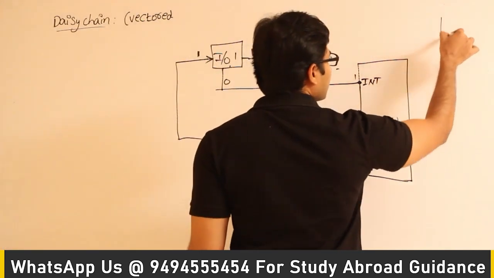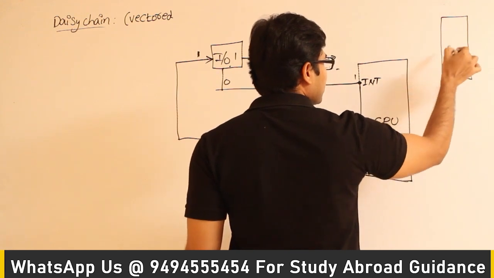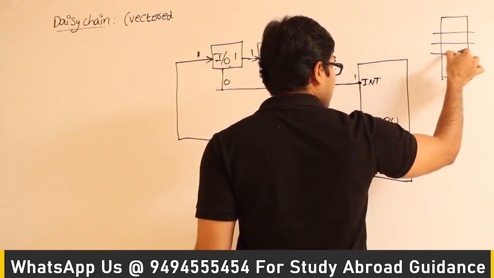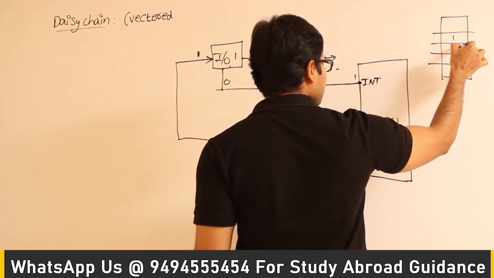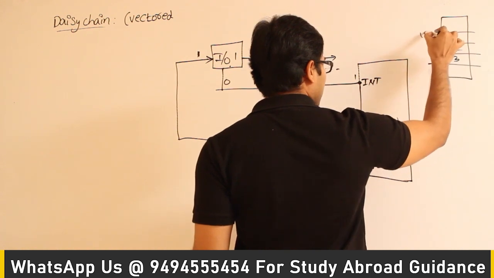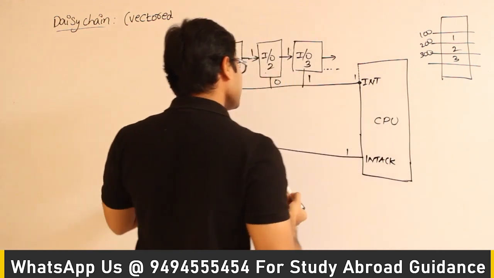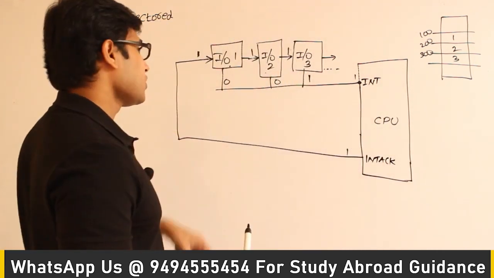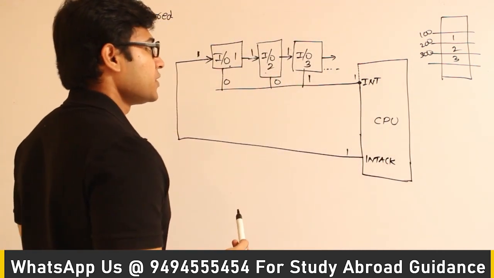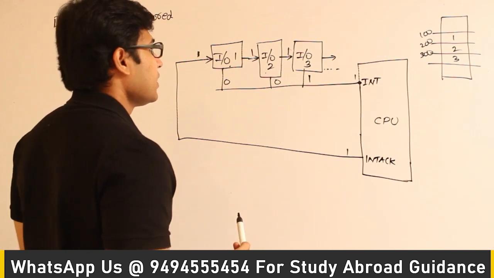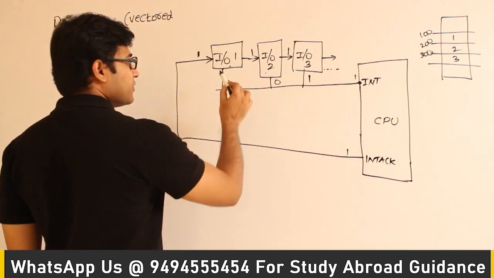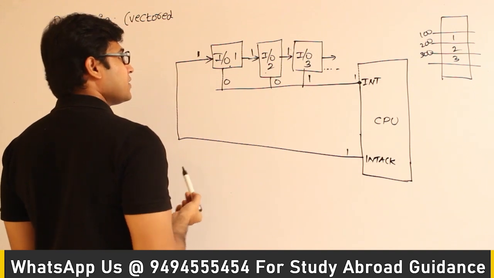So in the memory there will be separate interrupt service routines for each device, right? Let us say this is device 1, device 2, device 3. Its starting address is 100, its starting address is 200, starting address is 300. Every device has its own starting address in the interrupt service routine, right? Therefore it is the responsibility of the device to provide the address as well.